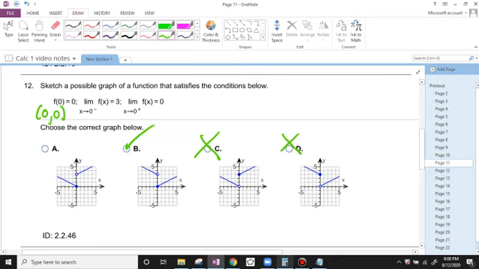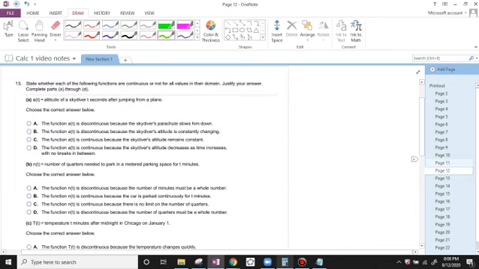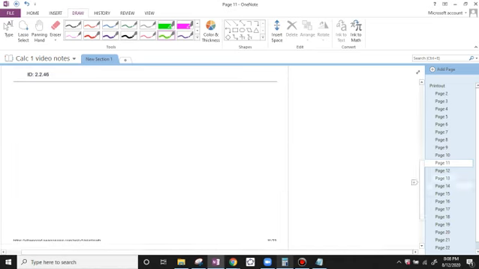Again, from the left, I need to be going to 3. From the right, I need to be going to 0. The answer is B. Sure there's nothing else left on this page. Okay, great.